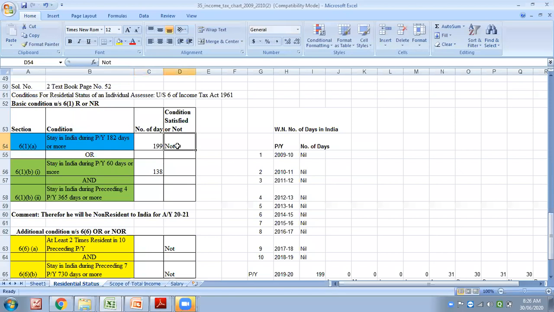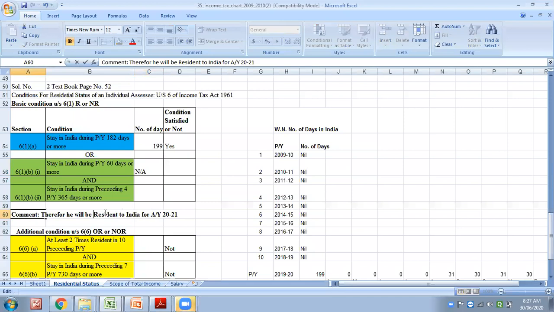Condition satisfied? Yes. I will not go for any other conditions. Not applicable. So then he will be resident in India.